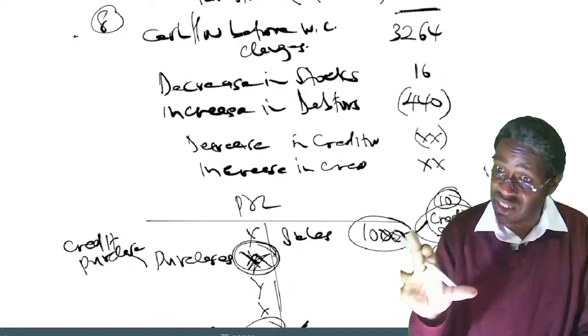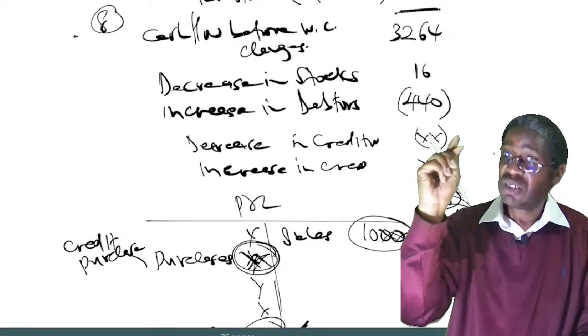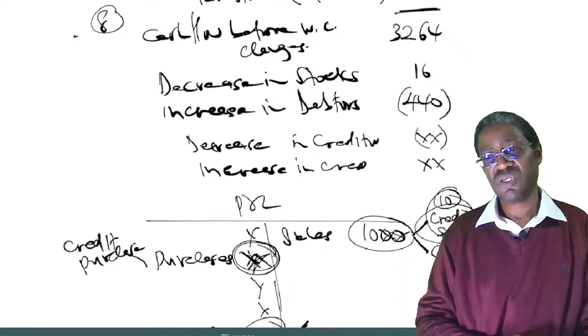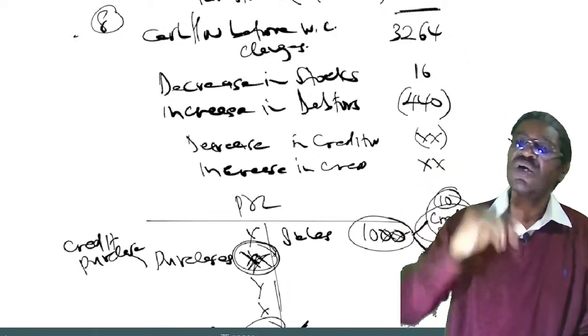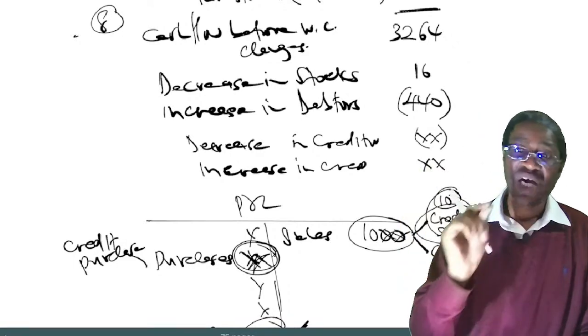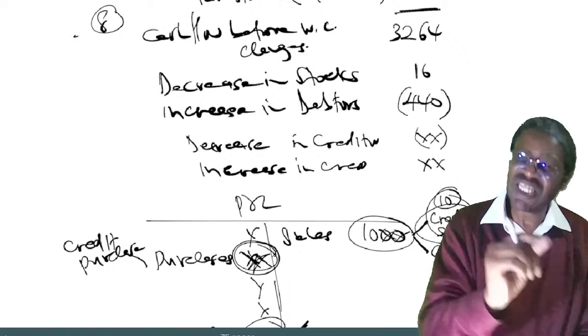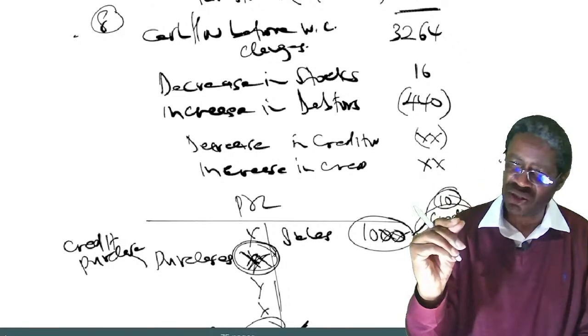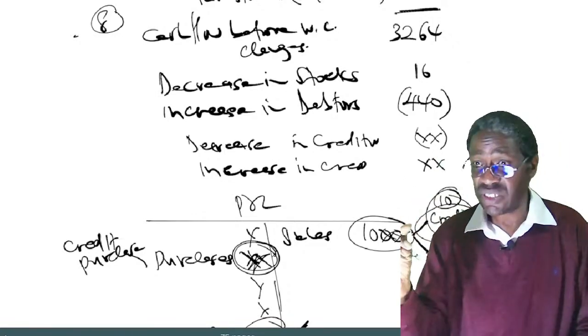We are adjusting our sales. The sales were including credit sales. So when credit sales were included, profit was overcasted. So you deduct. I've also told you, in case there was an increase in creditors, you must have purchased goods on credit.